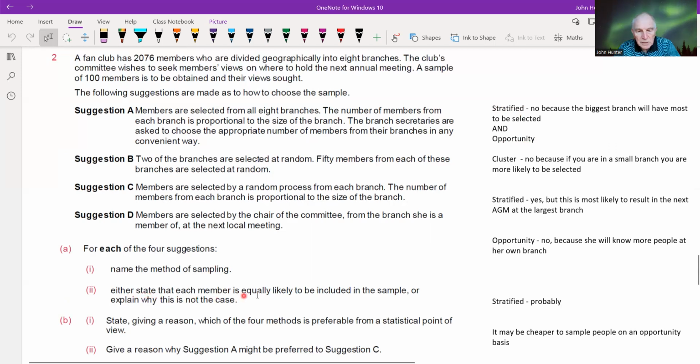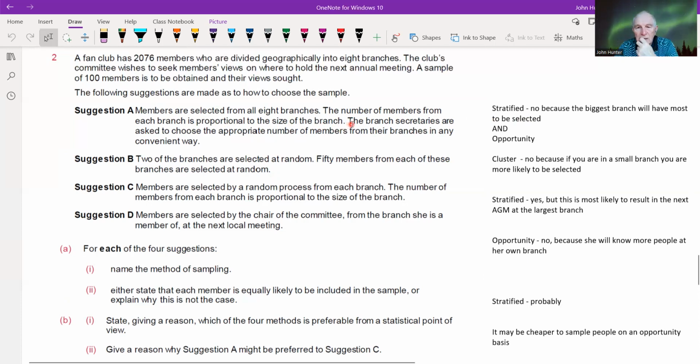It says either state that each member is equally likely to be included, or explain why this is not the case. Well, this is not going to be the case, because the biggest branch will have the most to be selected. The number of members from each branch is proportional to the size of the branch.